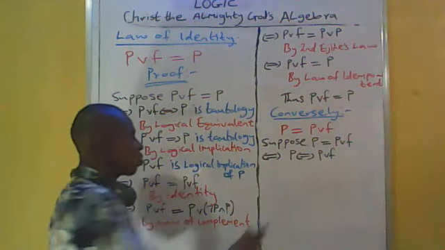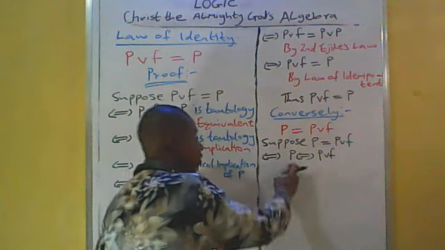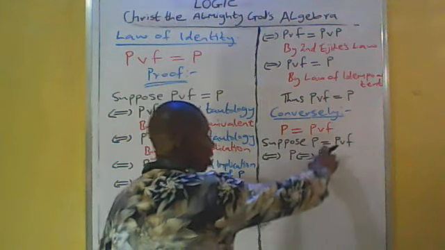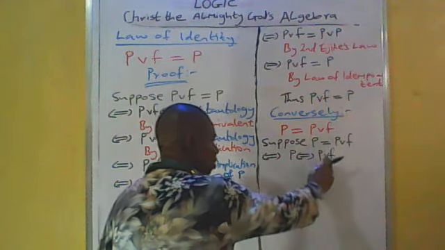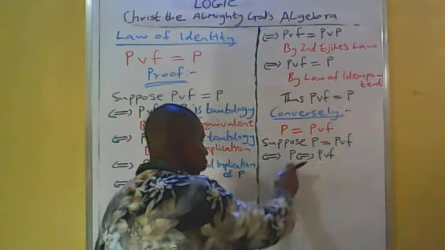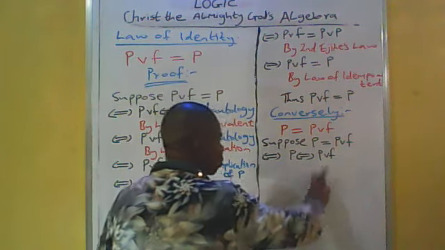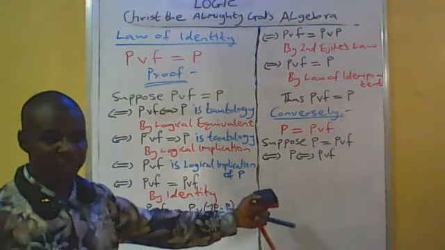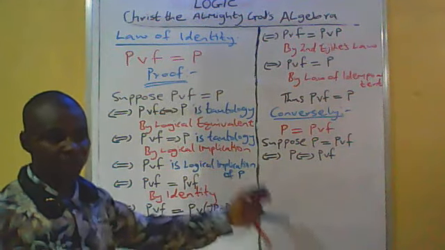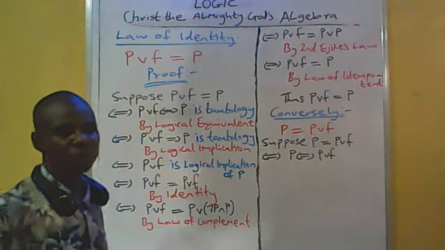I know that whenever the left side is true, the right side must also be true. In the same vein, whenever the right side is false, the left side must also be false. So whenever you want to use this statement, you are getting positive, always true.